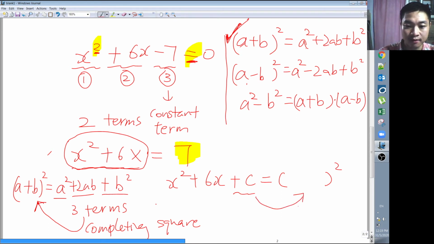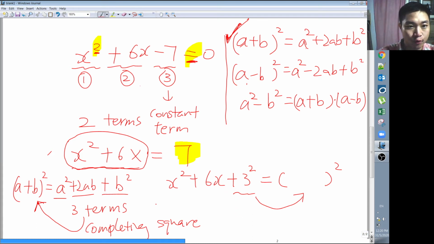If you look closely enough, the constant c you can introduce is three squared. Why?